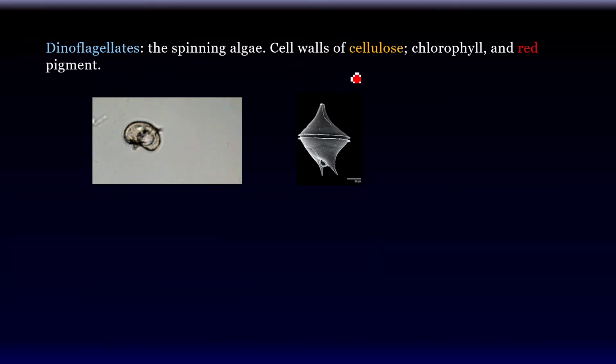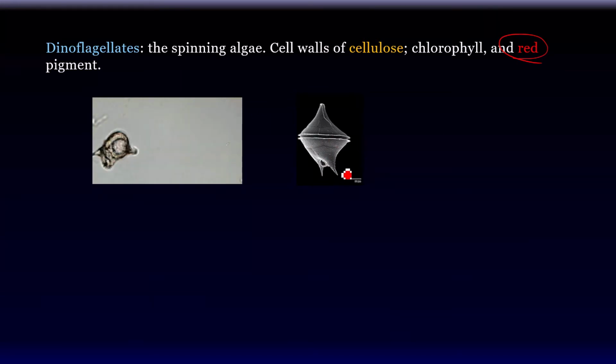They also have a cell wall that's made up of cellulose, not the same as the diatoms, which have a silica cell wall, a silica shell. These have a cellulose shell, and they have chlorophyll, and they also have a red pigment. And dinoflagellates have in their rim, the waist so to speak, two flagella.